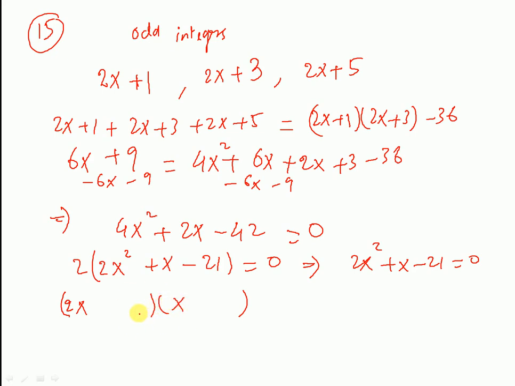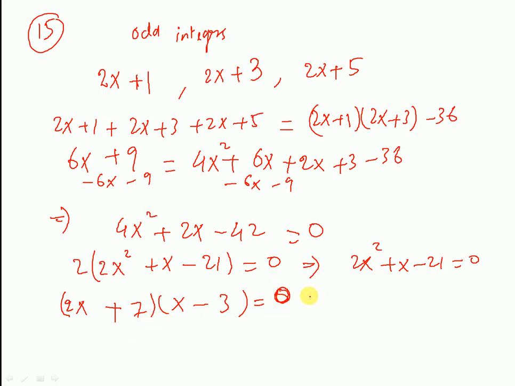It should be plus 7 and minus 3. 7 times minus 3 is minus 21, and when you multiply the two outside numbers, 2x and minus 3, that's minus 6x, and when you add the inner term, minus 6x plus 7x gives you positive 1x. That's why I place 7 here and minus 3 here, and this equals 0.